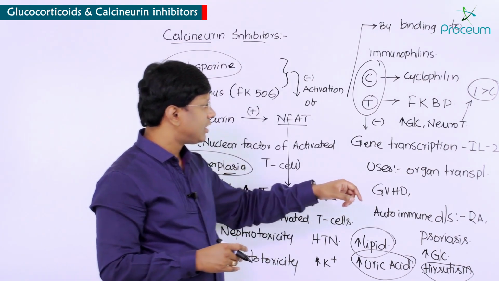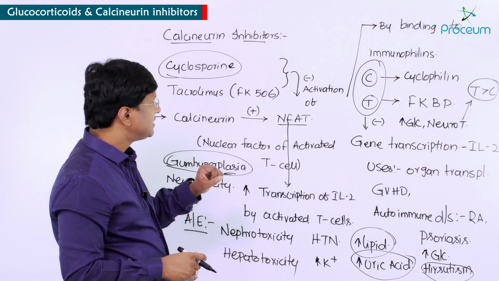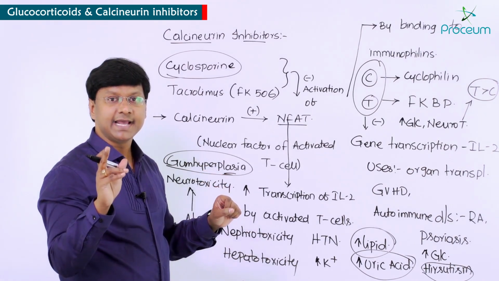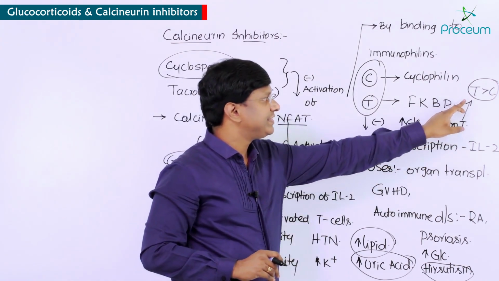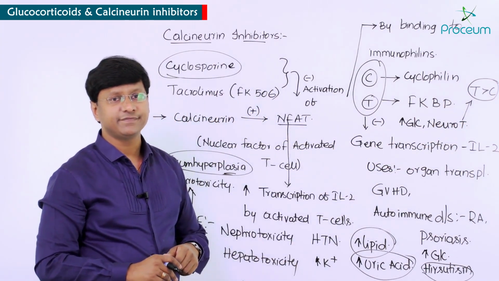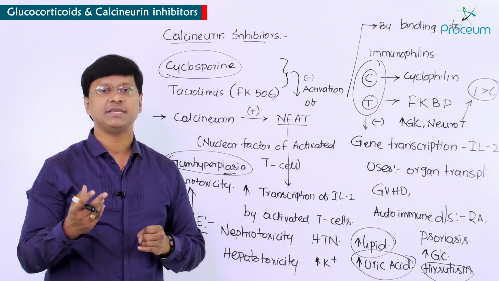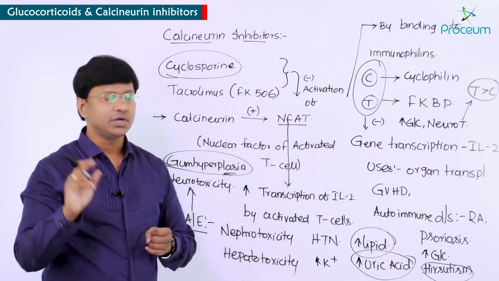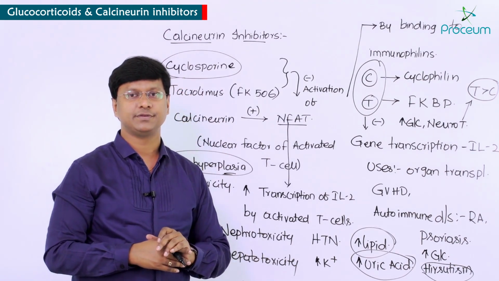The incidence of hyperglycemia and neurotoxicity is more with tacrolimus compared to cyclosporin, whereas hirsutism, gum hyperplasia, hyperuricemia and hyperlipidemia are caused only by cyclosporin, not tacrolimus.